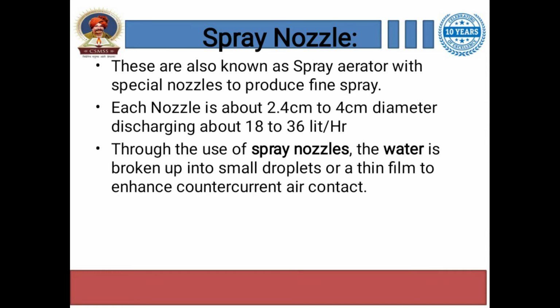Now spray nozzle. These are also known as spray aerators, with special nozzles to produce fine spray. Each nozzle is about 2.4 to 4 centimeter in diameter and discharges 18 to 36 liter per hour, right? How much will it discharge? 18 to 36 liter per hour.